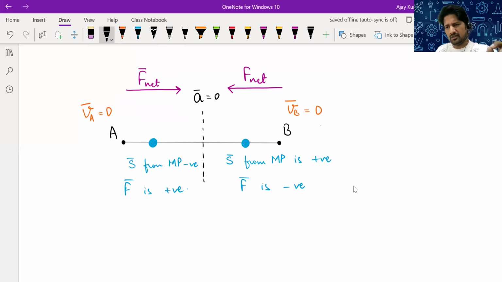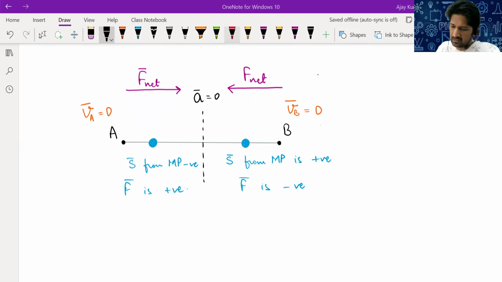Okay. Usually, we use the symbol S for displacement, but here we are going to use the symbol X itself for displacement. If it is oscillating horizontally, we use X. If it is oscillating vertically, we use Y. But remember that X or Y in this case stand for displacement from the mean position.